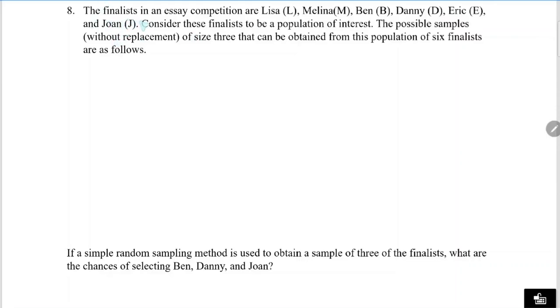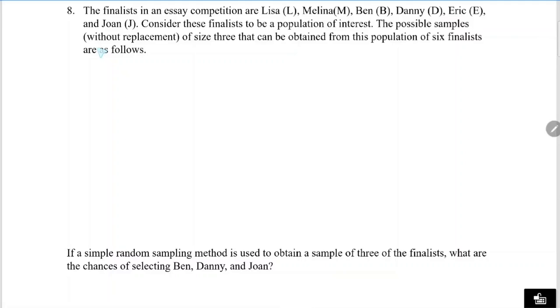It says the finalists in an essay competition are Lisa L, Melina M. We are denoting them with these initials instead of referring to them with their full names. We just refer to Lisa as L, Melina M, Ben B, Danny D, Eric E, and Joan J. Consider these finalists to be a population of interest.